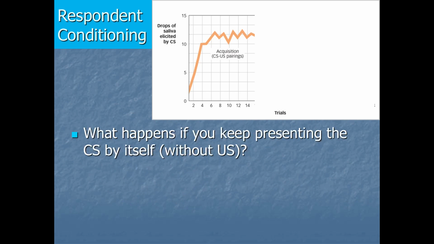Now, here's a pretty important question then. What happens if you keep presenting the CS by itself without the US? In other words, play the sound without any meat and the dog drools. Cool, okay, it's learned something. Play the sound without any meat and the dog drools again. Okay, the CS will keep eliciting the CR, the conditioned response, for a while, but if you keep presenting it without the original US, without the meat, eventually the CS stops causing the CR.